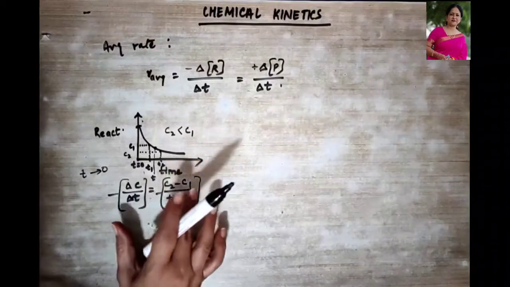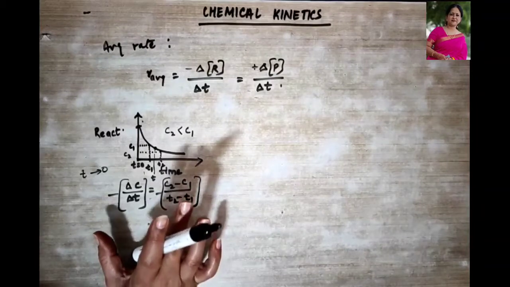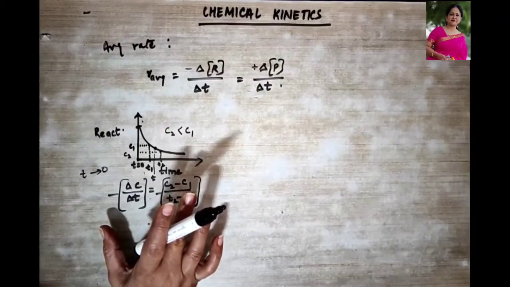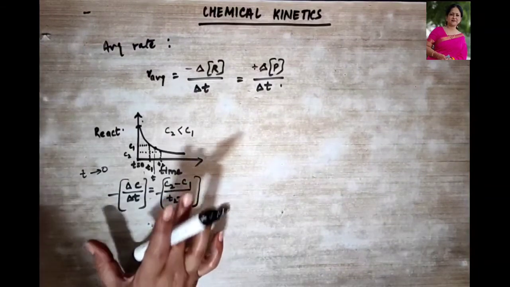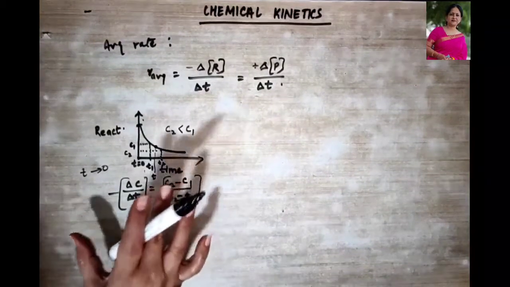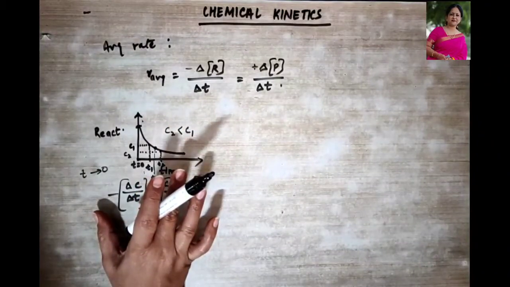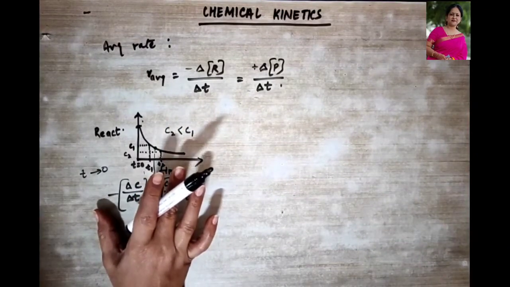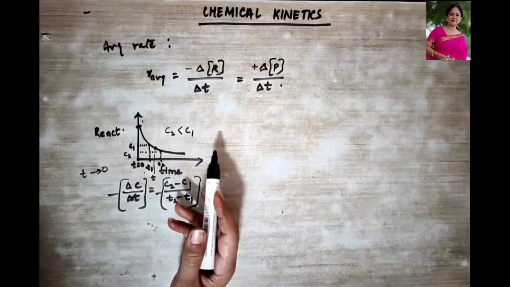Therefore, over here, what do we say? That the reaction will be termed as instantaneous rate of reaction, right? So the instantaneous rate of reaction, how can we define it?